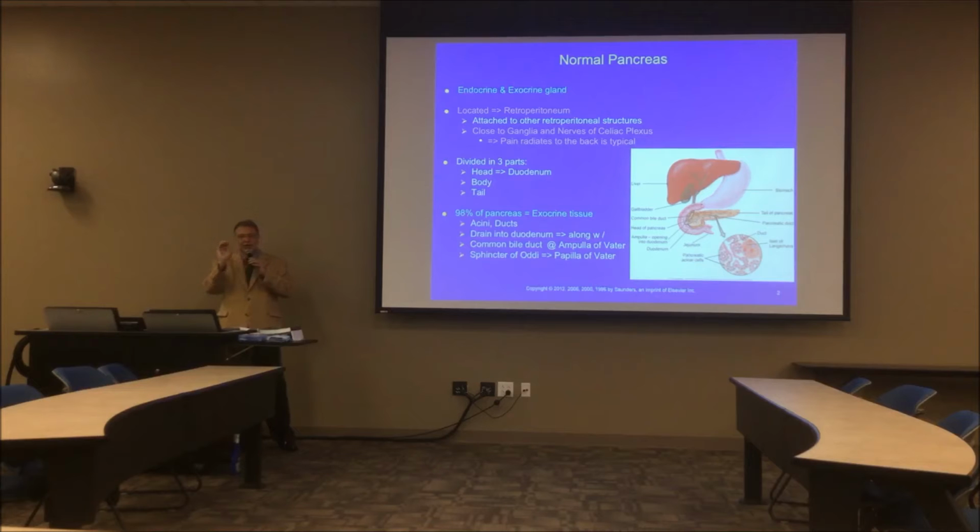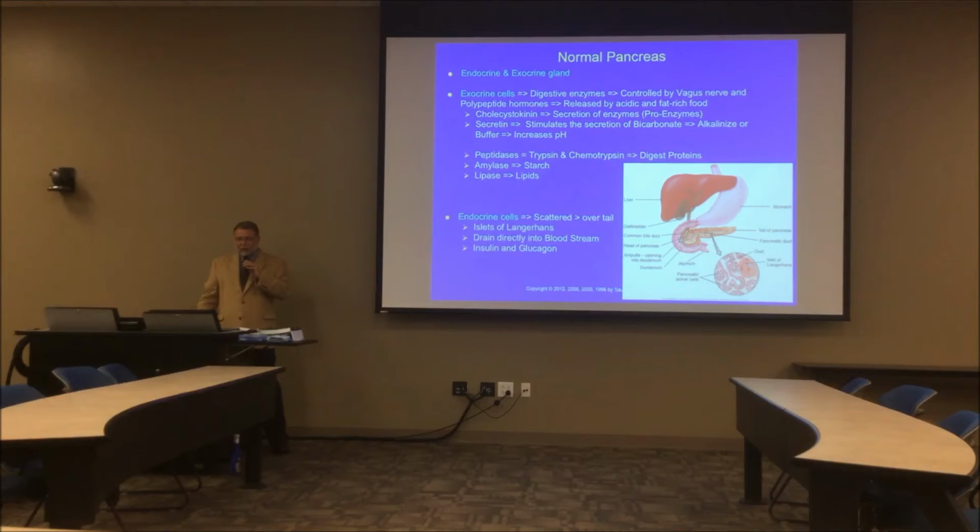And there's another secondary tract that goes from the pancreas directly to the duodenum, a little bit above or superior and posterior to the ampulla of Vater, and that's called the duct of Santorini.